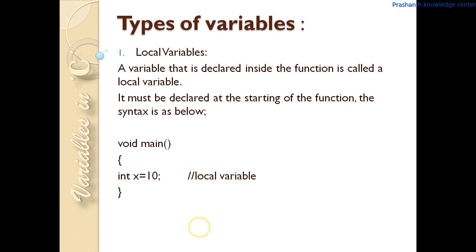Within the function we declare the variable, and that can be used only in that function. For example, in this void main, inside the curly brackets, we have declared a variable x with the value 10. This is the local variable and this can be used only in this function.